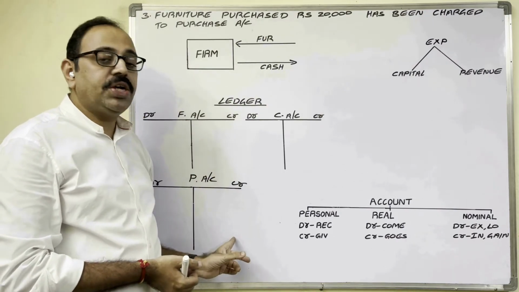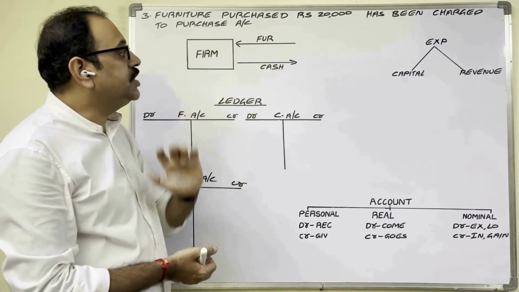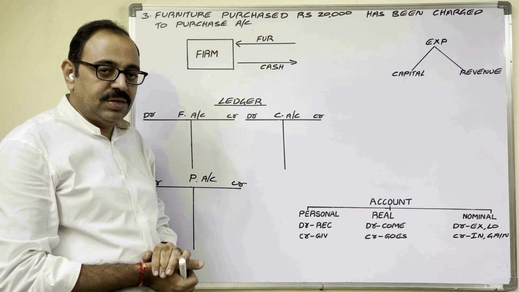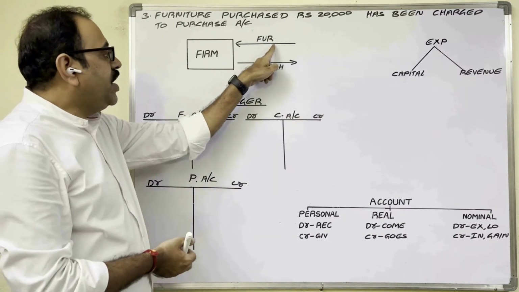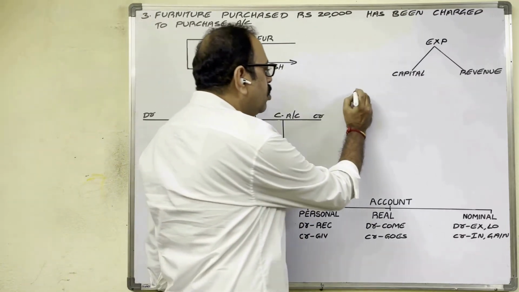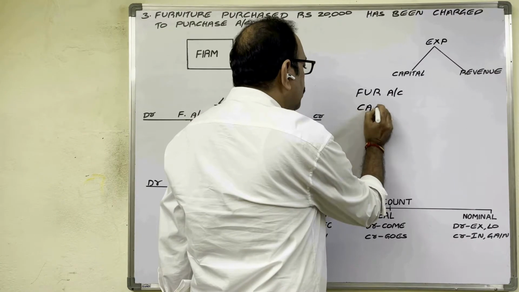So to write the rectification of error entry, the first step is we should see the transaction and think of the correct entry for this transaction. What happened here? Furniture is coming and cash is going. Therefore, two accounts we have: furniture account, cash account.